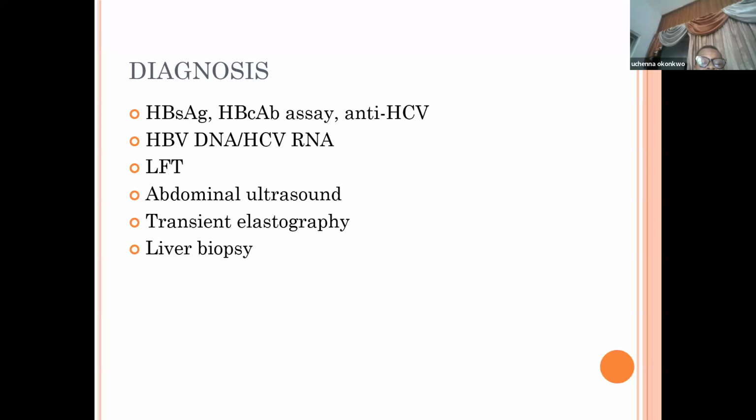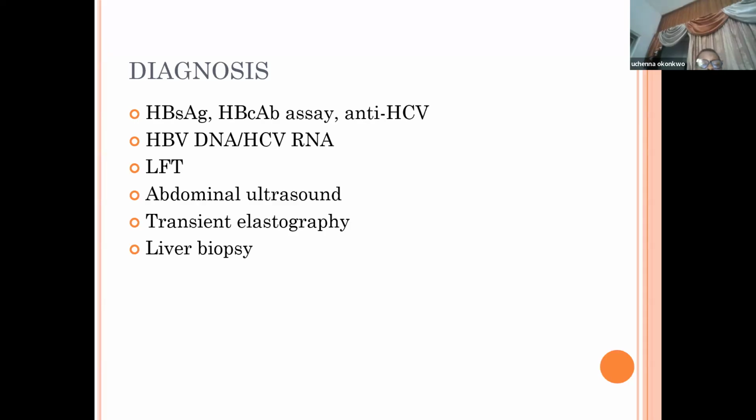Then the other things: once the screening tests are positive, the next thing is to quantify the virus, the HBV DNA for hepatitis B, and the HCV RNA for hepatitis C. Liver function tests, especially ALT levels, are very important. Ultrasound is also important.